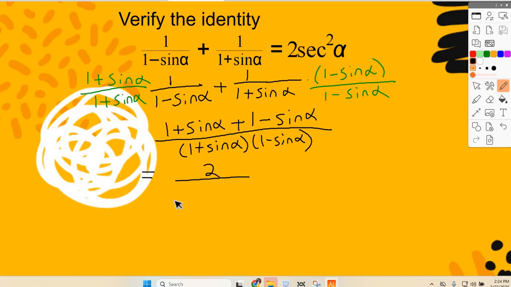So 1 times 1 gives us 1. Then I have a minus sine alpha plus sine alpha minus sine of alpha squared.